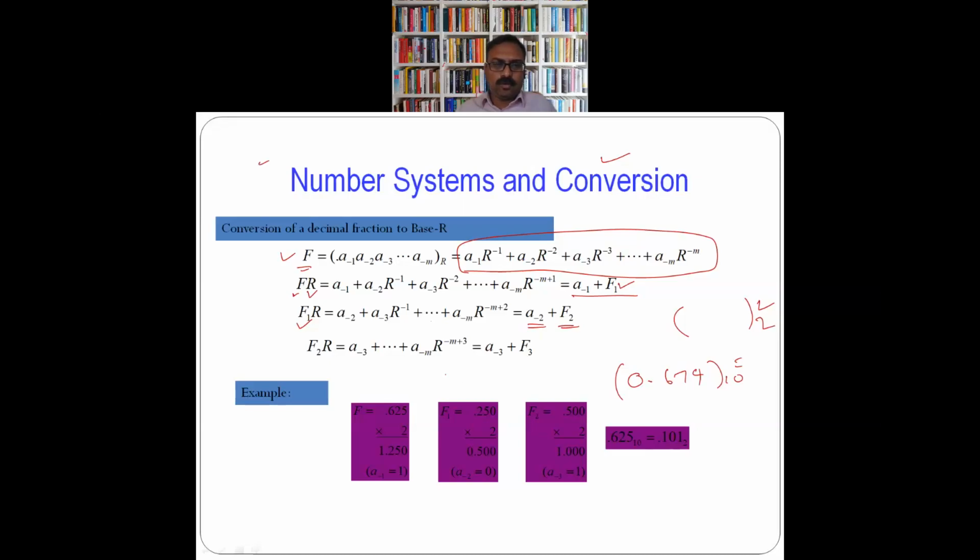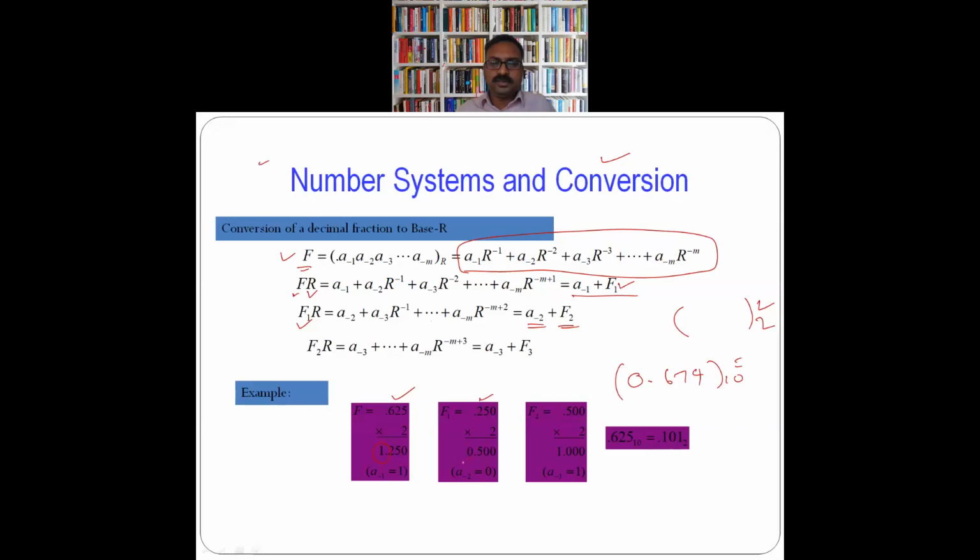For example, you will see this example. 0.625 is a decimal number, you convert it into binary. For a binary number, the base is 2, so you multiply with 2, you will get 1.25. This 1 we take as the carry, and we will take only 0.25 as F1. Again you multiply with 2, you will get 0.50.